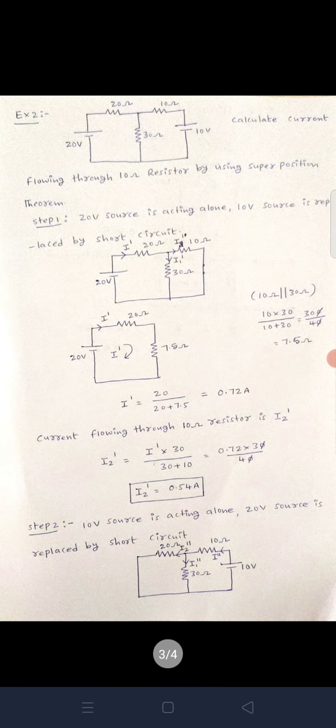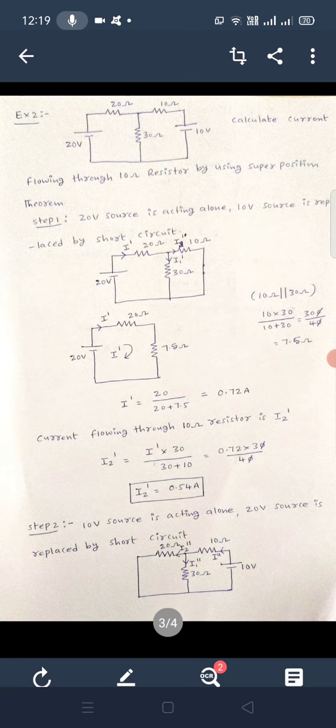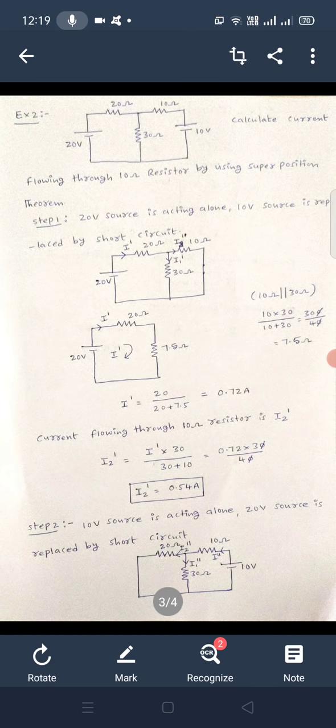Next, in the second case I am considering the 10 volt source acting alone, and the remaining 20 volt source is replaced by a short circuit. You can see the figure. Again I am assuming the total current is I double dash, which is divided into I1 double dash and I2 double dash.